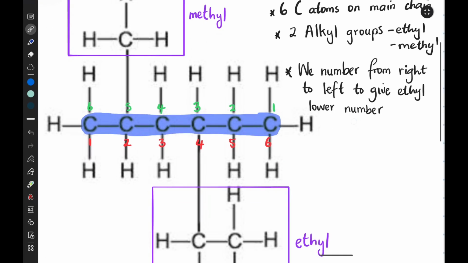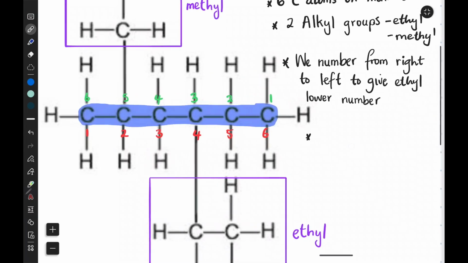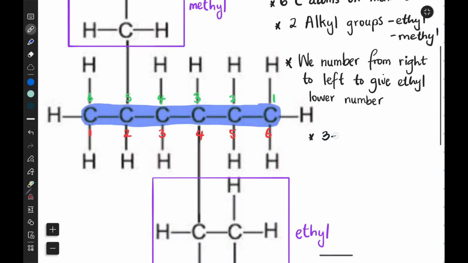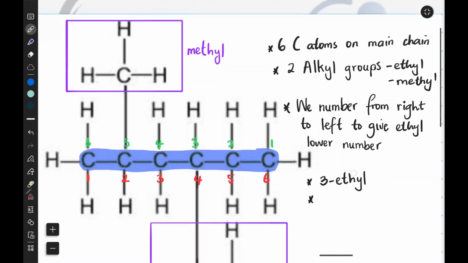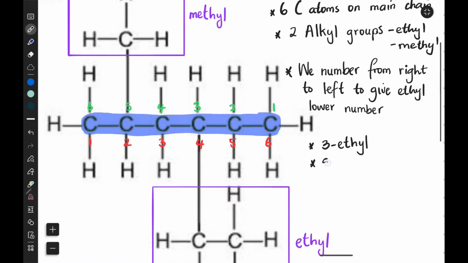Right, so now that we've done that, it means we get ethyl being 3 ethyl, and methyl will be 5 methyl.